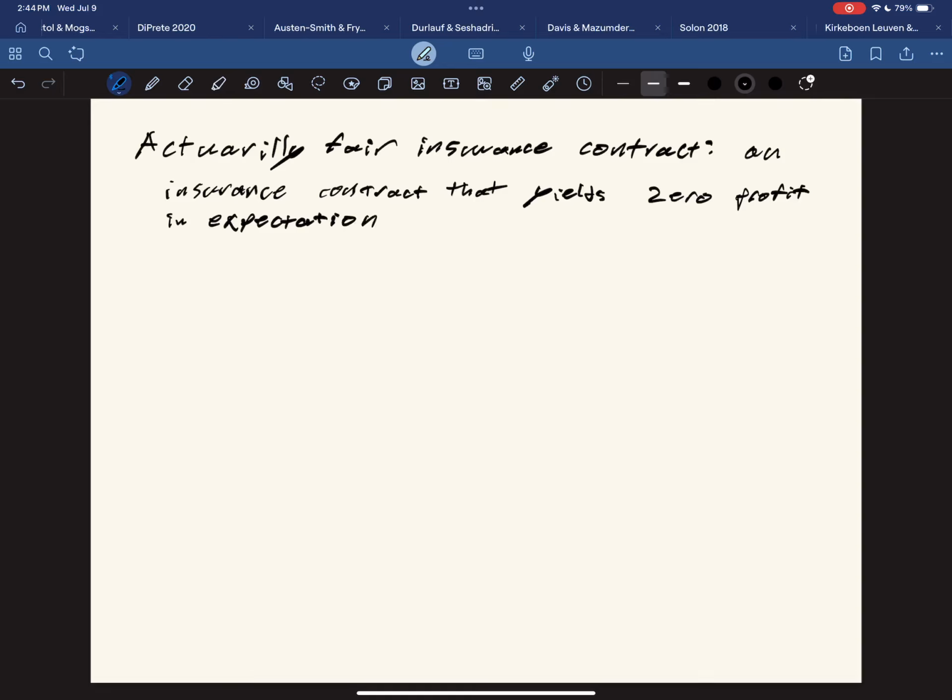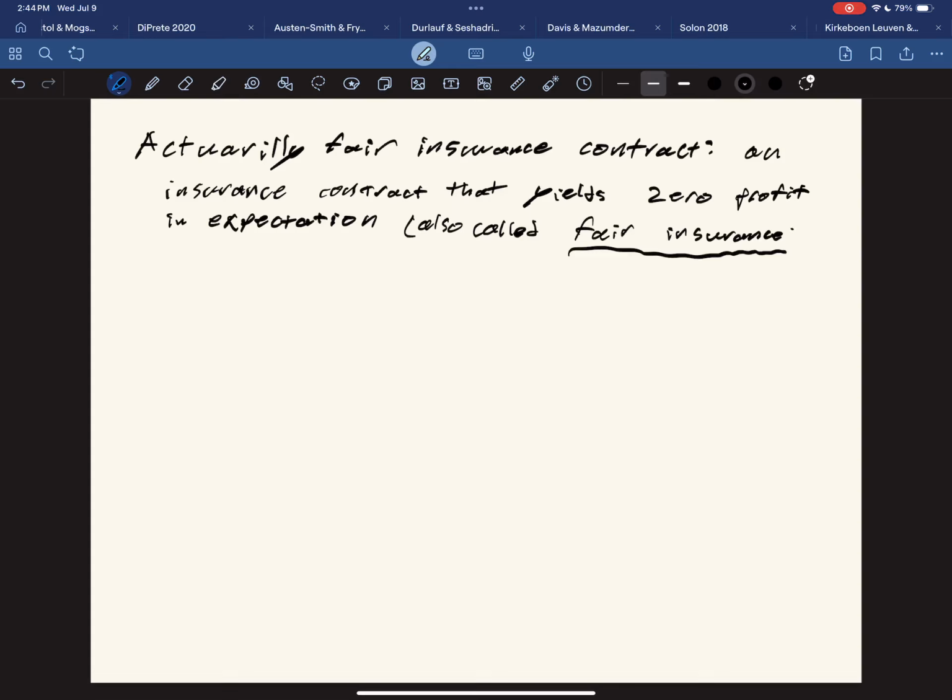So this is also called fair insurance. It's also called fair insurance, right?